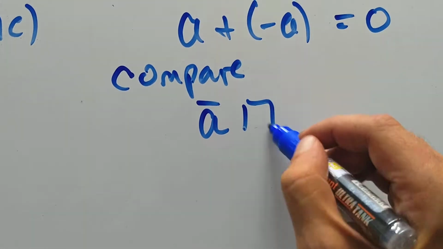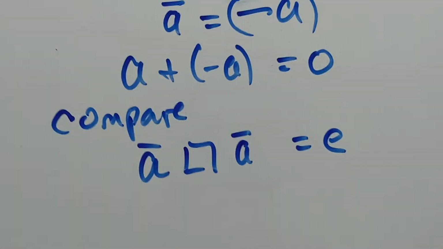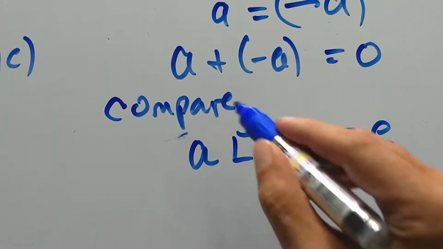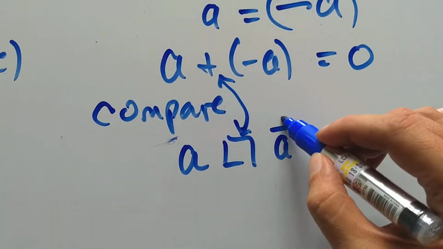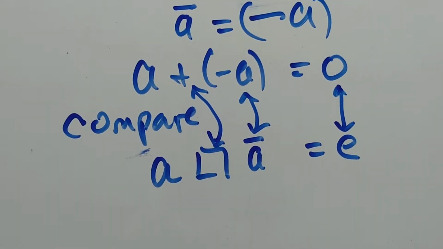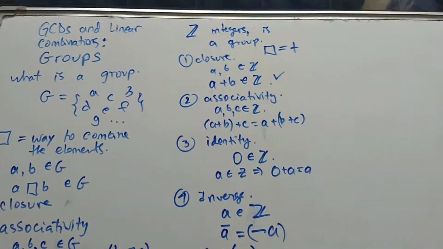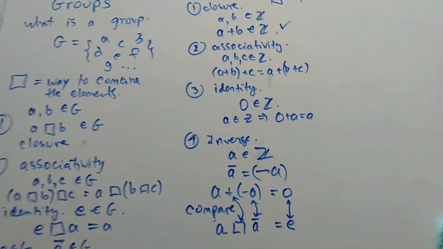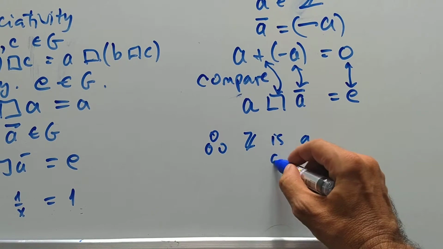A combined with A inverse is identity. Here's my integer A, my operation is plus, my inverse is minus A, my identity is 0. There you go. I have all properties for a group. So therefore, Z is a group.